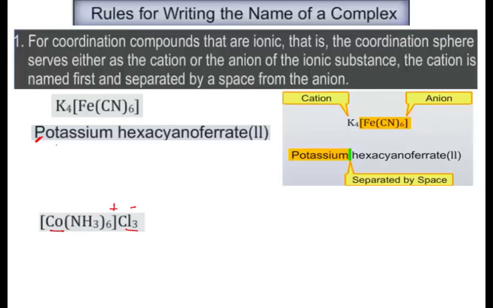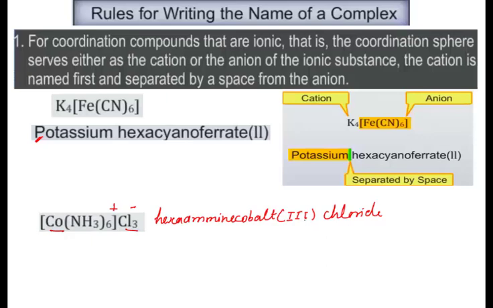So it will be hexaammine, and then the central metal atom, that is cobalt, in continuation, and then the oxidation state which comes out to be 3. How it comes, let us see. Then some space is left, and then chloride.